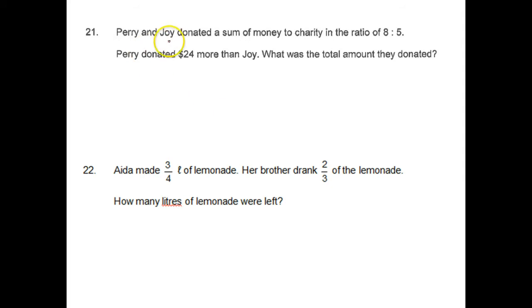Question 21. Perry and Joy donated a sum of money to charity in a ratio 8:5. So Perry is to Joy is 8:5. Perry donated $24 more than Joy. So Perry is 8 units, Joy is 5 units. So 3 units would be my 24. Therefore 1 unit is 24 divided by 3 would be 8. What is the total amount they donated?